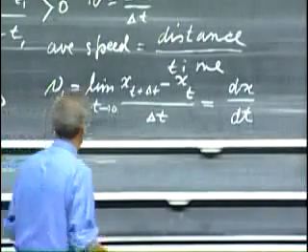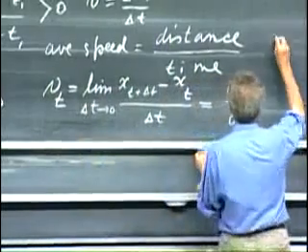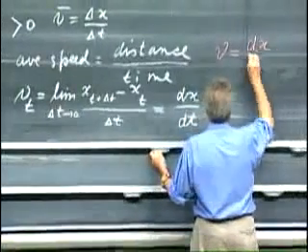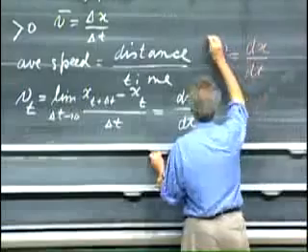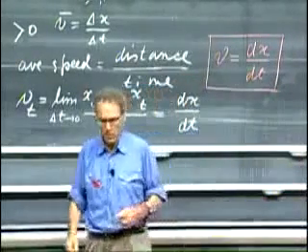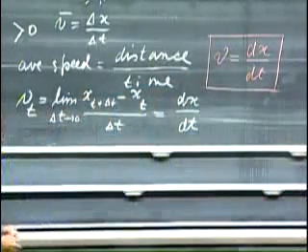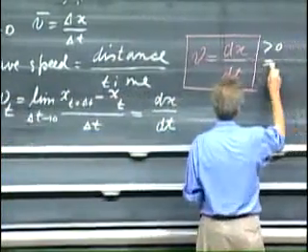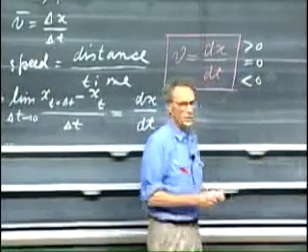And now comes an equation, which is one of the very few that I want you to remember. In 801, v equals dx/dt. This is one that you must remember not only in 801, but for the rest of your time at MIT. And this could be larger than 0, this could be 0, and this could be smaller than 0.